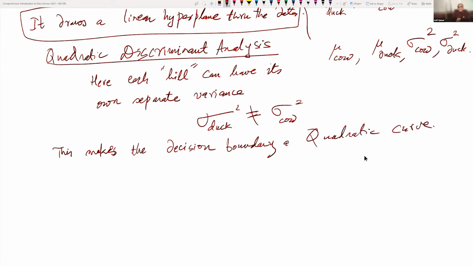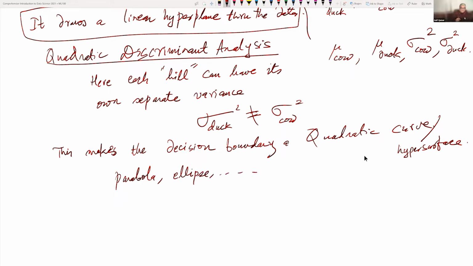So what are some quadratic curves? Quadratic curves or hypercircles. So in 2D, can you mention what are some of the quadratic curves? Like a parabola? Yes, parabola. Ellipse, circle, hyperbola.